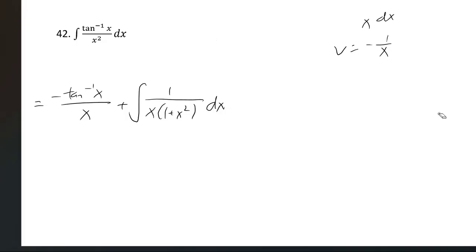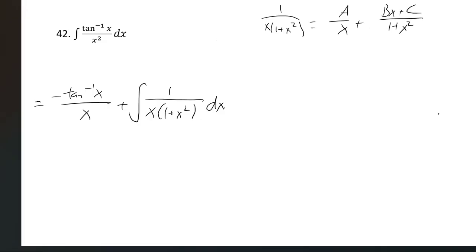I'm going to erase this to make more space for myself. So we have 1 over x times 1 plus x squared, which is A over x plus Bx plus C over 1 plus x squared. That's a quadratic term, so you need a linear thing on top. Multiply both sides by the denominator. We get 1 equals A times 1 plus x squared plus Bx plus C times x.